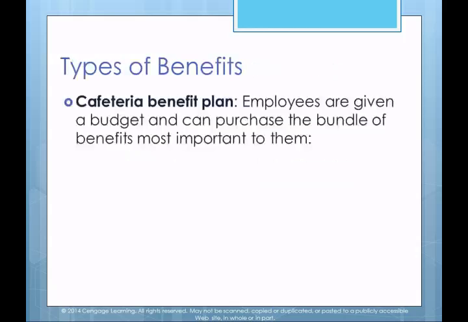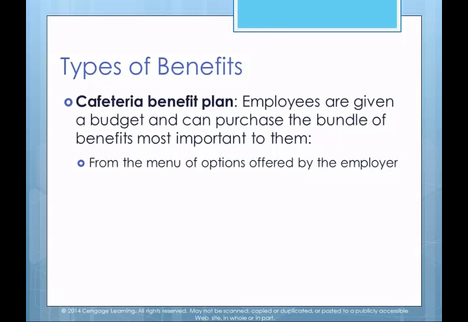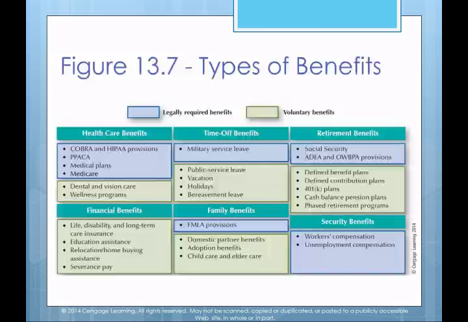Types of benefits: cafeteria benefit plans. That's where employees are given a budget and can purchase the bundle of benefits most important to them from the menu of options offered by employers. Figure 13.7 is a great chart. It highlights in blue what's legally required by law to provide to our employees, and the light green is voluntary benefits.